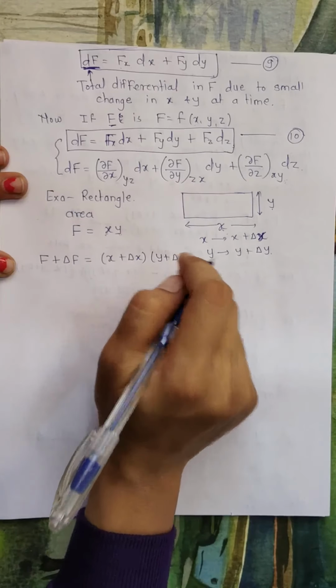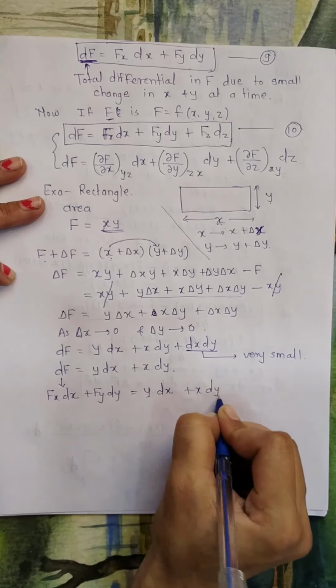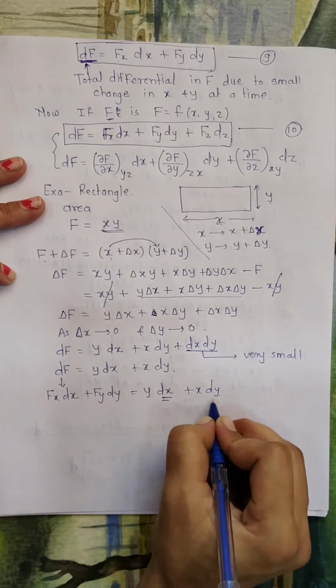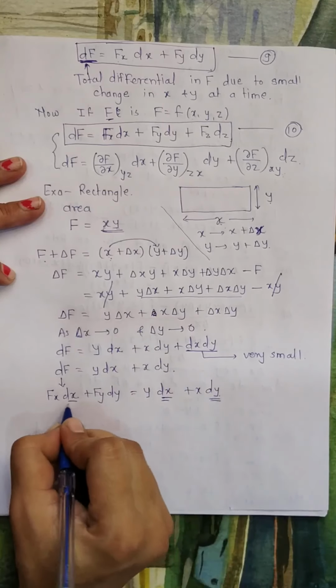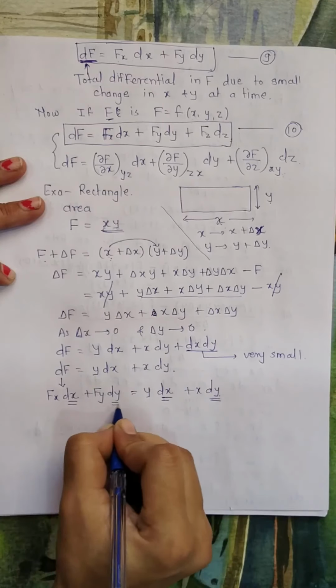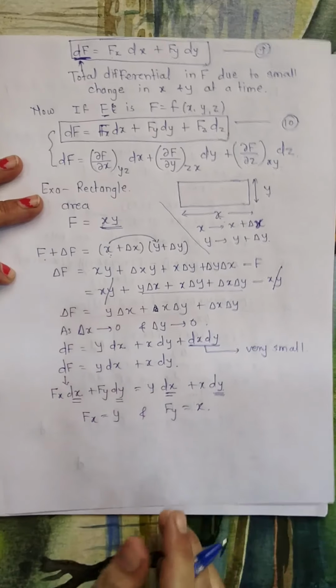But you know what df is? df is fx dx plus fy dy, which is equal to y dx plus x dy. Now if you compare the coefficients of dx and dy, this implies that fx will be equal to y and fy will be equal to x.